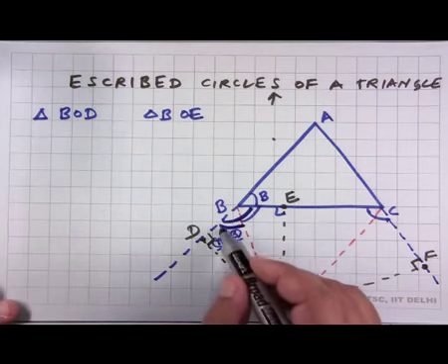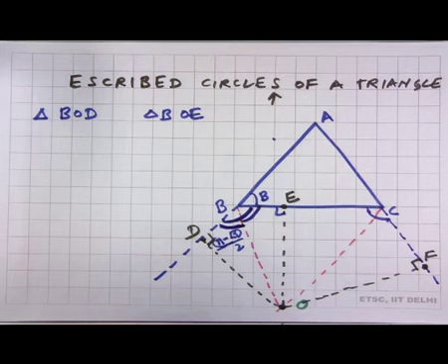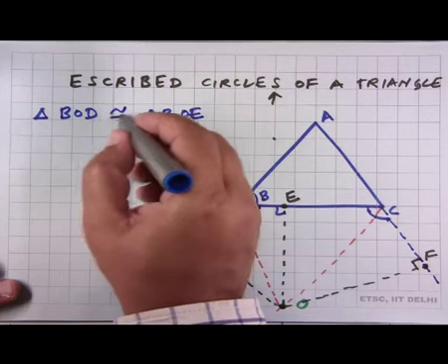So, therefore, this angle and this angle are also equal, and hence from basic high school geometry, it follows that these two triangles are congruent.